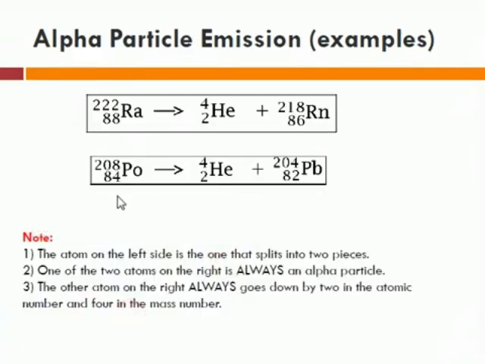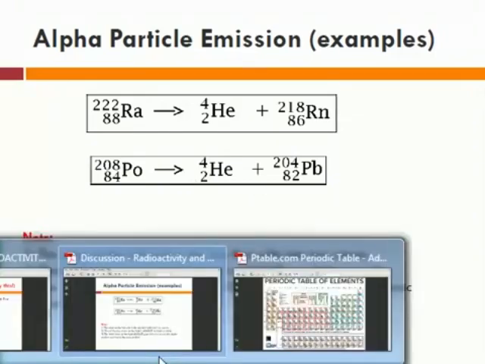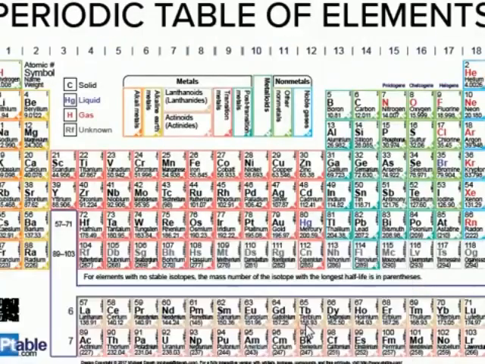Okay, so next we have polonium. We have a mass number of 208 and an atomic number of 84. We have helium here, and then 84 minus 2, so we have 82. So look for the element with an atomic number of 82. So Pb, or that is lead.